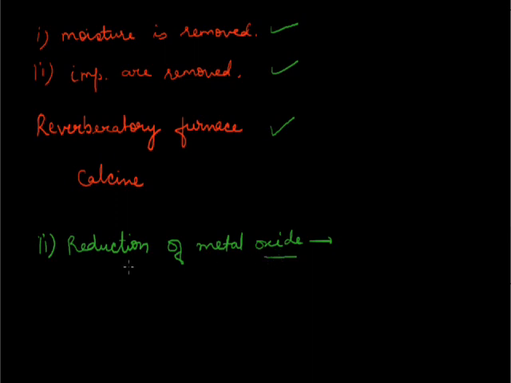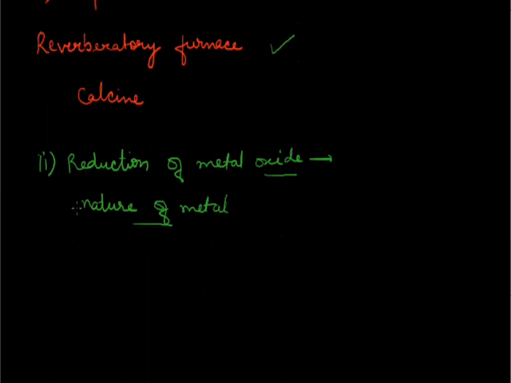Now, when we are reducing the metal oxide, we have to keep in mind the nature of metal. So, the different methods which are available for this step, through which we can reduce metal oxide, the choice of the method will depend upon the nature of metal. And when we say the nature of metal, what we will consider is the reactivity of metal.